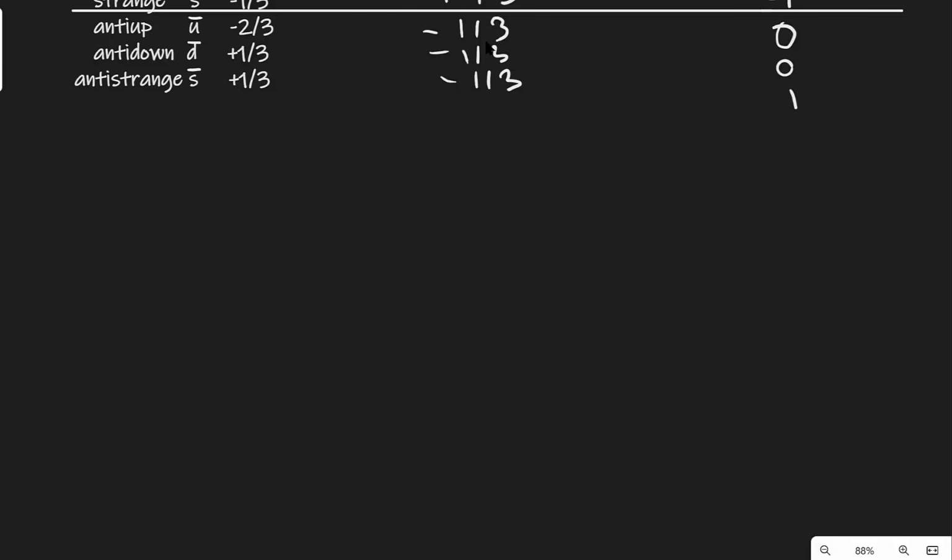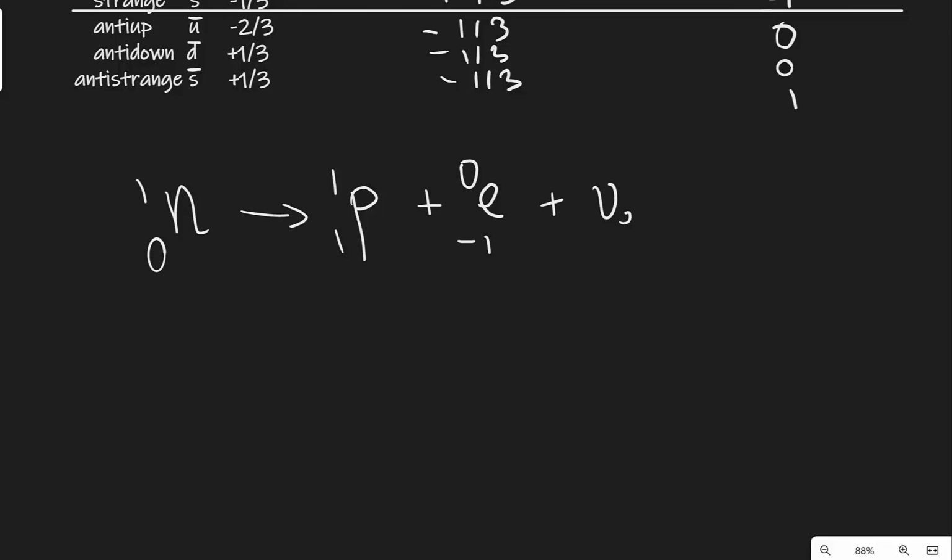Finally, let's talk about one more point of the spec, and that is the decay of a neutron. So this is just the standard beta decay in which a neutron turns into a proton. Now remember, the neutron is 1, 0, the proton is just 1, 1, meaning that we're going to need an electron, so it's going to be -1, 0. And then we also have an anti-electron neutrino.